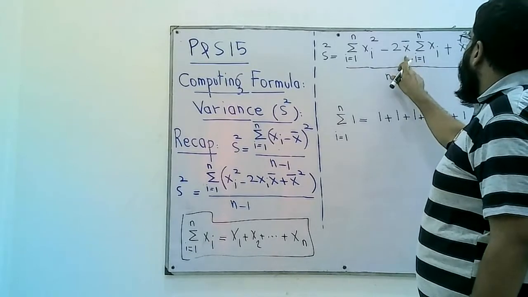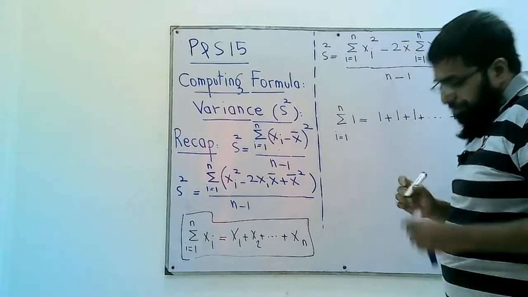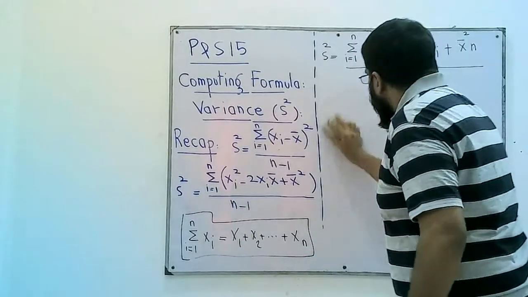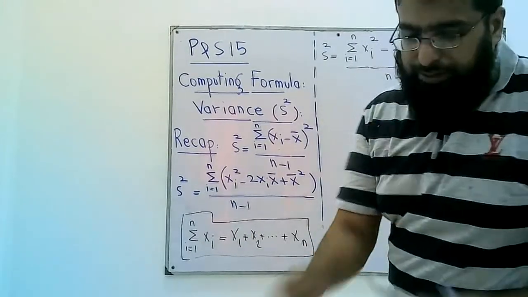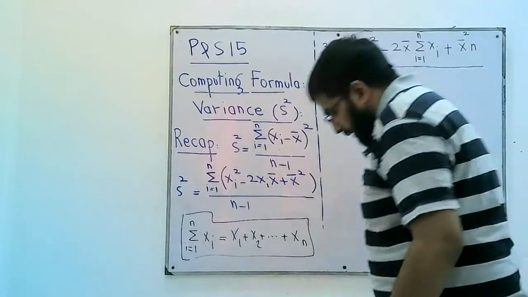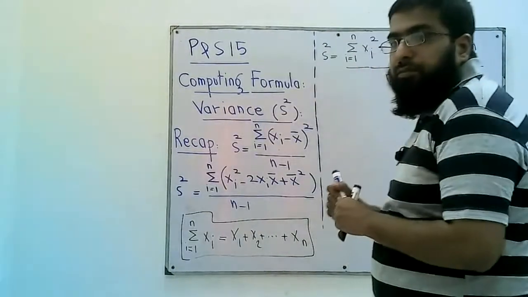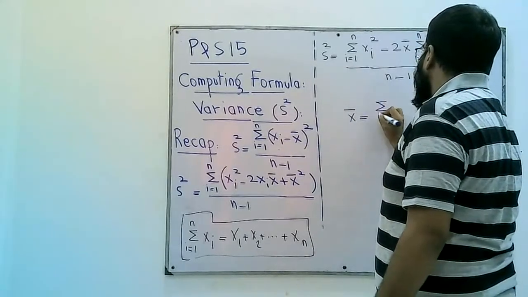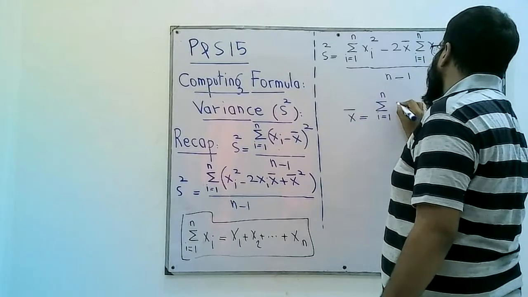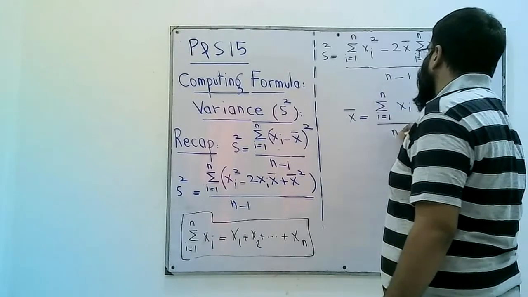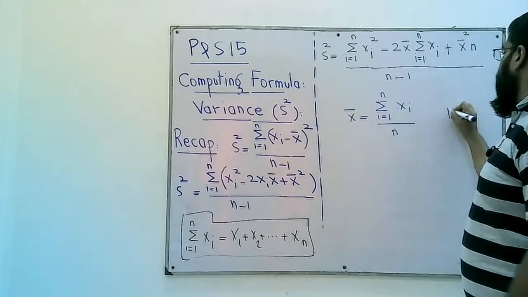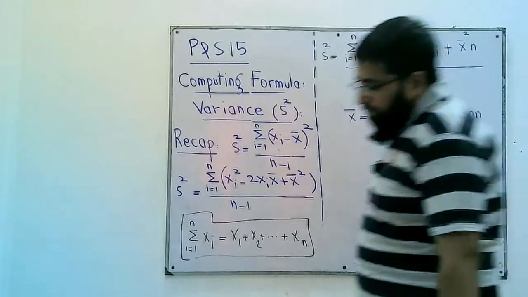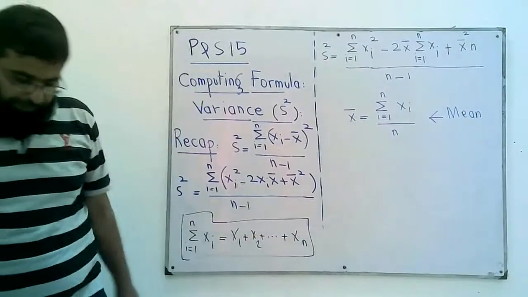In the next step, we are going to put in the value of x bar. In one of our previous lectures, we studied that x bar is the summation from 1 to n of xi's over n. This is the formula to compute the mean over a data set, over a sample.